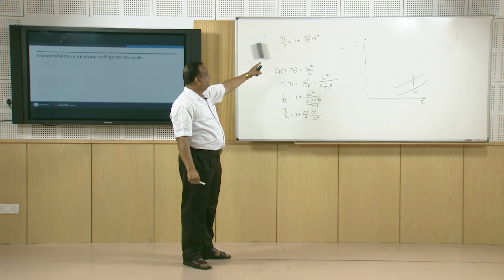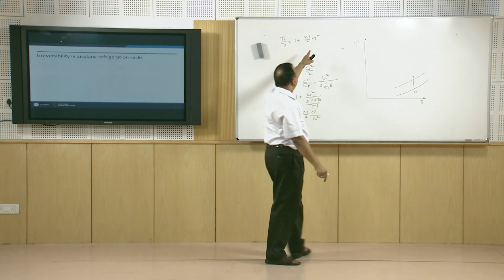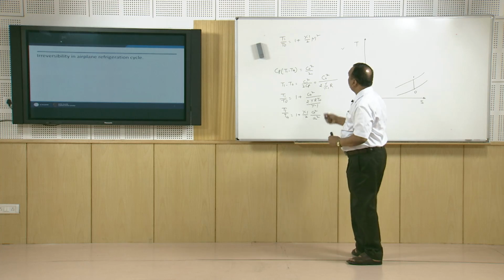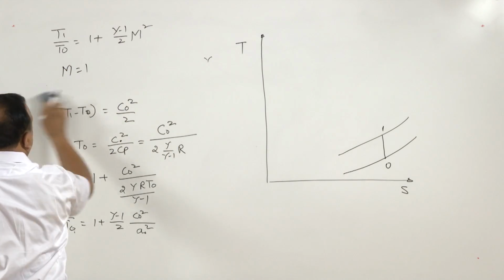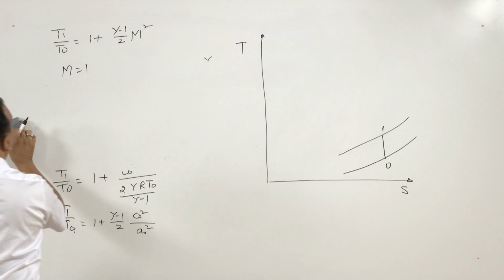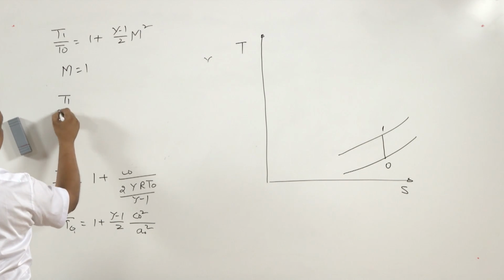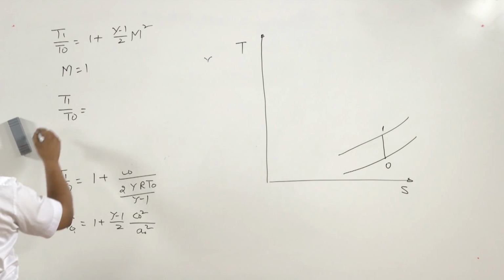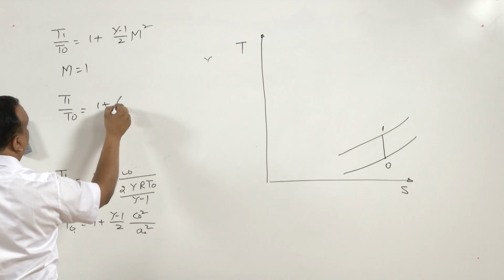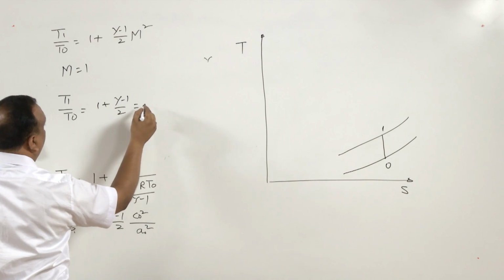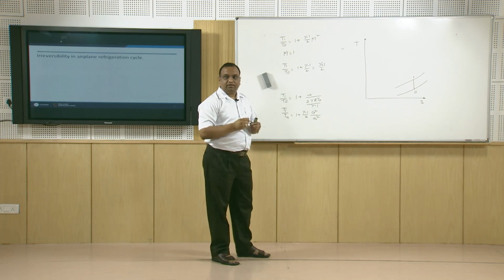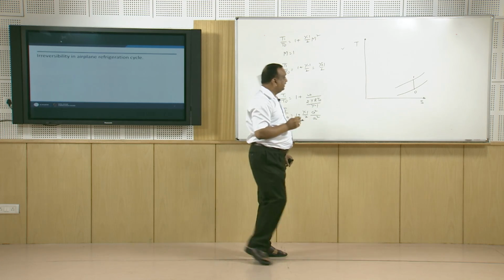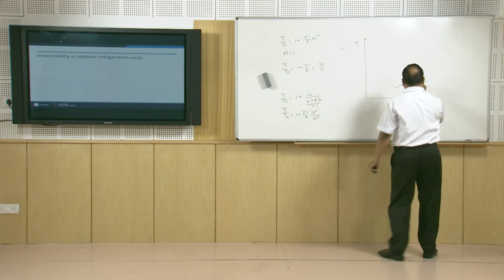From this equation, if we know the value of the Mach number, suppose the aircraft is moving with M equal to 1, let us say it is a sonic aircraft, immediately we can find that T1 by T0 is going to be equal to 1 plus gamma minus 1 by 2, or gamma plus 1 by 2. But in actual practice, this process does not take place.